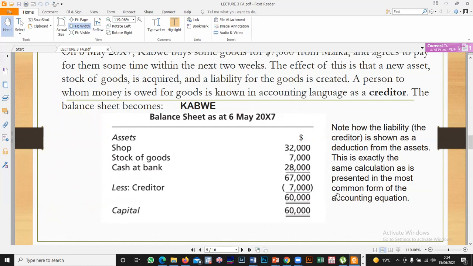Net assets are found by assets minus liability, meaning that from the total assets we are removing the liability. That's what we did here. So even if you use the formula, you still land at the same answer.